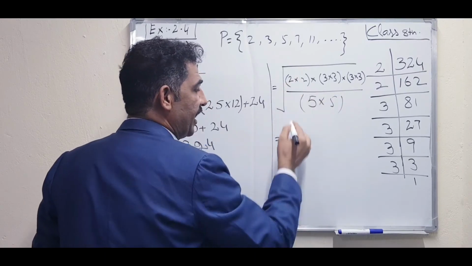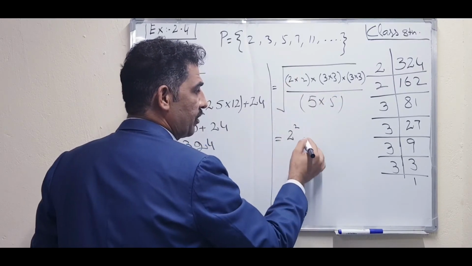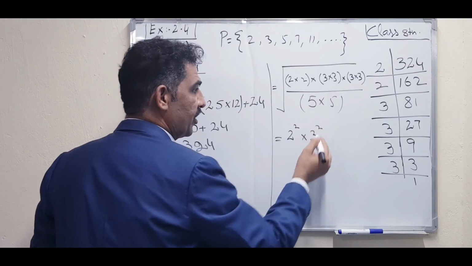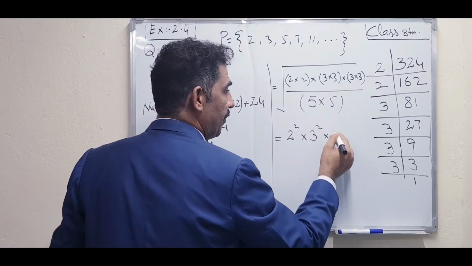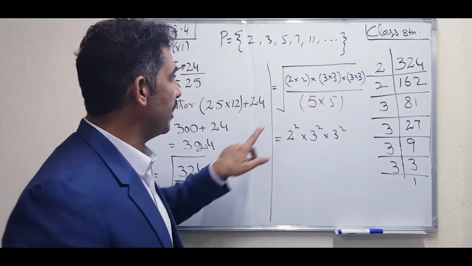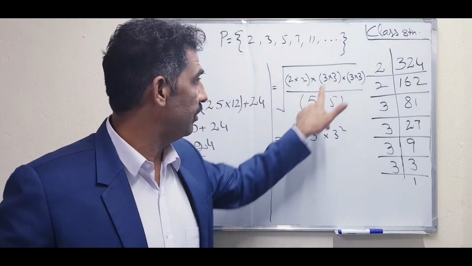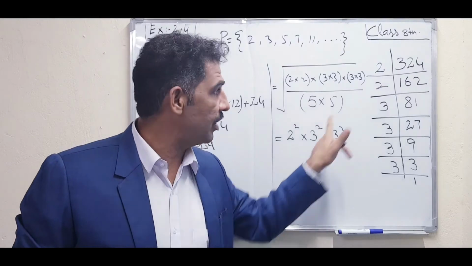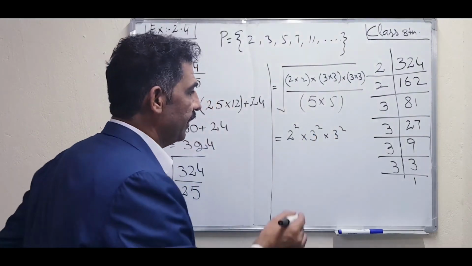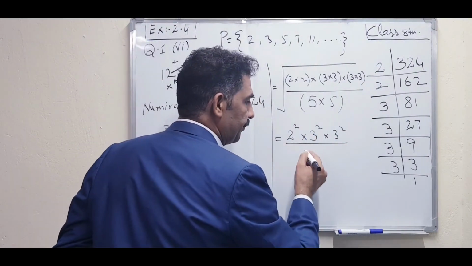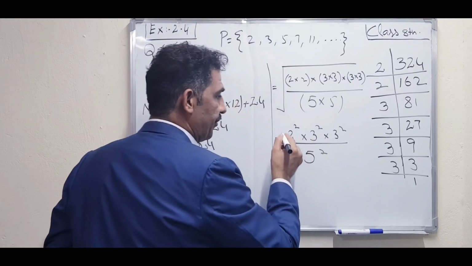So we can write it as 2 square multiplied by 3 square multiplied by 3 square, because there is one pair, so you will write 2 square. Second pair you will write 3 square. Third pair you will write 3 square. And denominator 5 square.